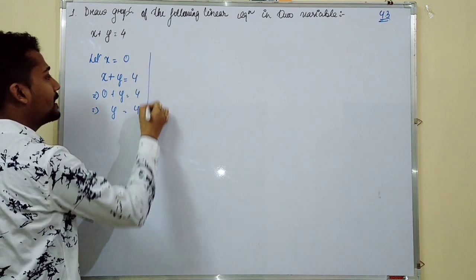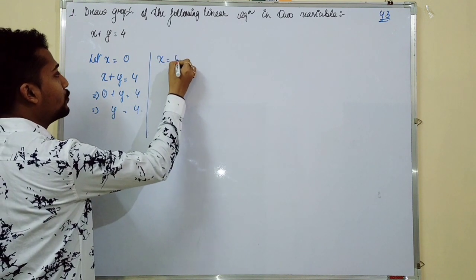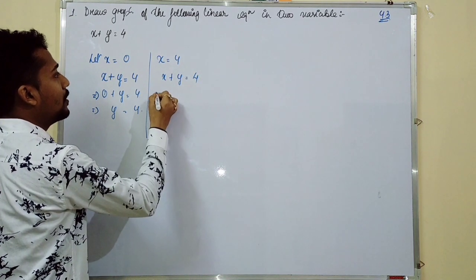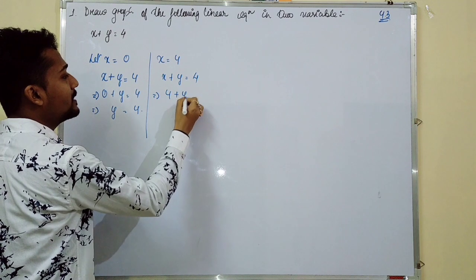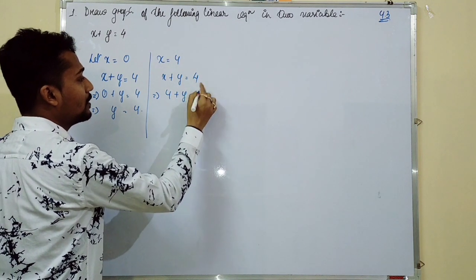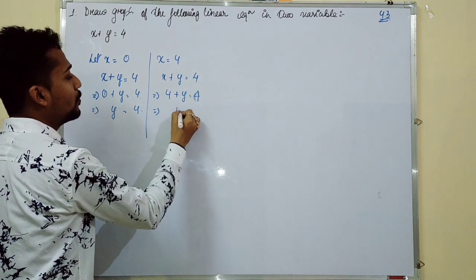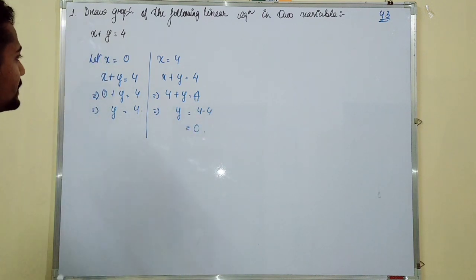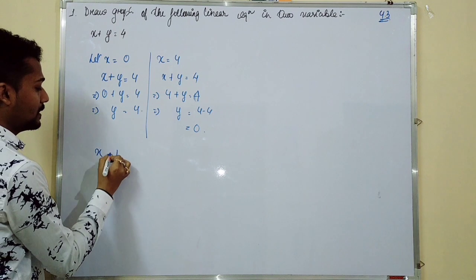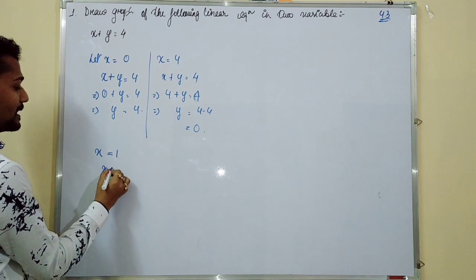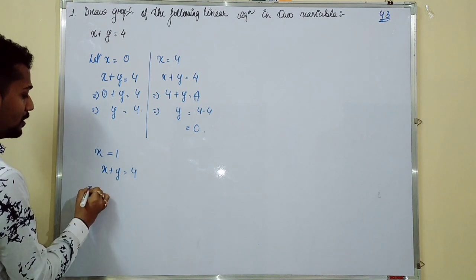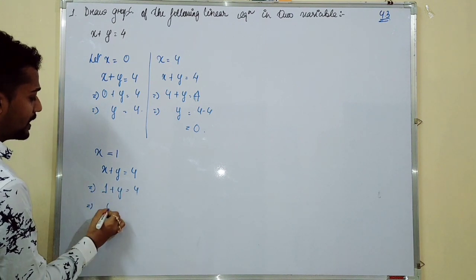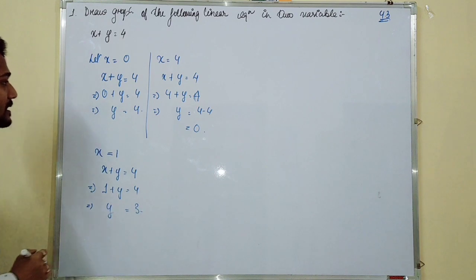And if I take x is equal to 4, then x plus y is equal to 4, or 4 plus y is equal to 4, or y is equal to 4 minus 4, which is equal to 0. Then if I take x is equal to 1, then x plus y is equal to 4, or 1 plus y is equal to 4, or y is equal to 3. Till this much it is clear.